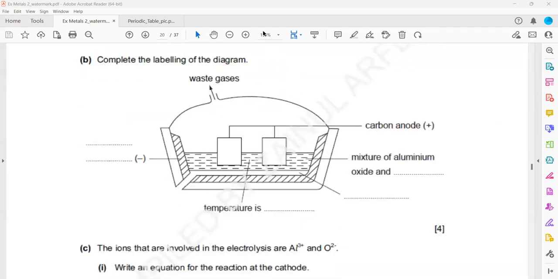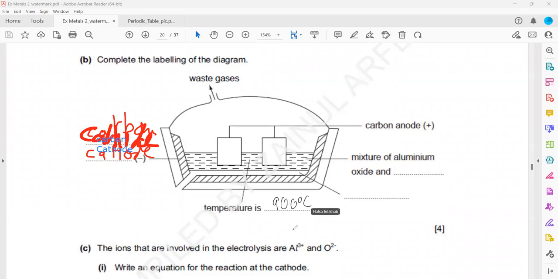Label the diagram. The negative terminal, what do we call it, and what is it made from? So carbon cathode is there. We have a mixture here, temperature 900, good.